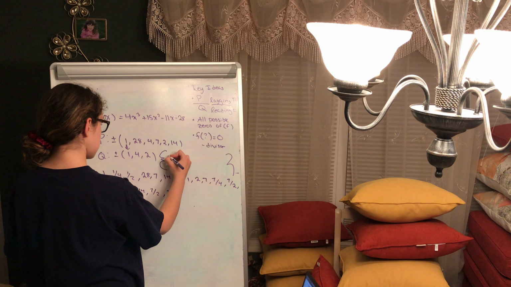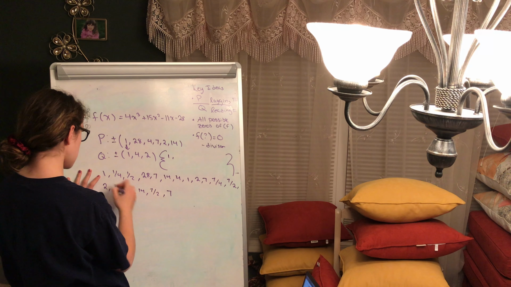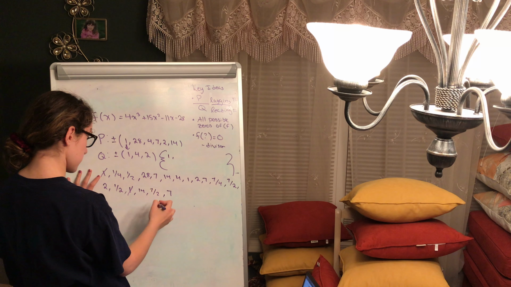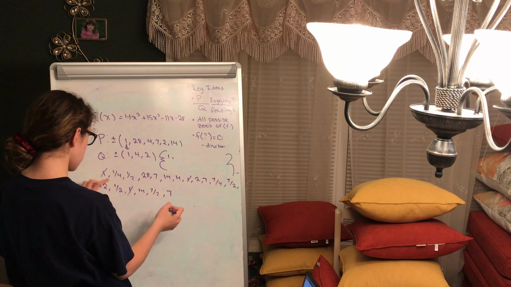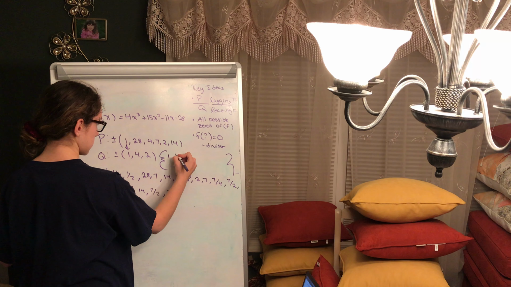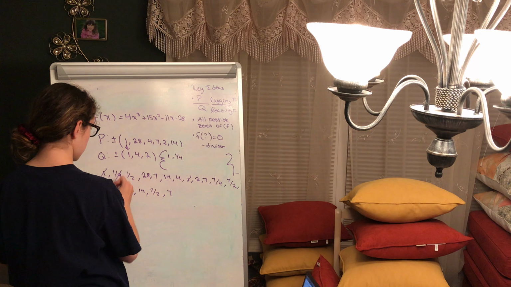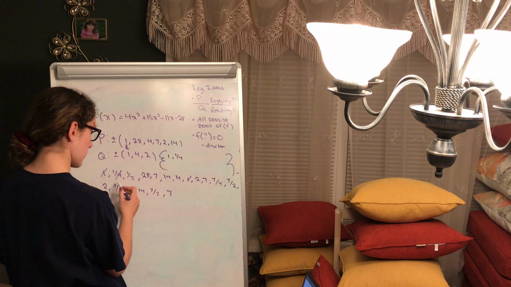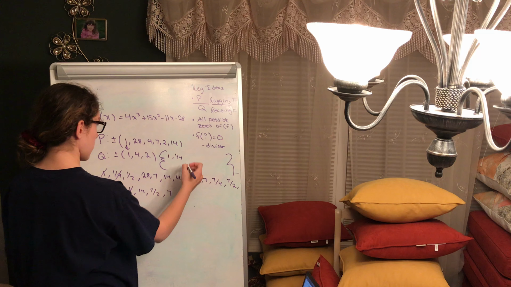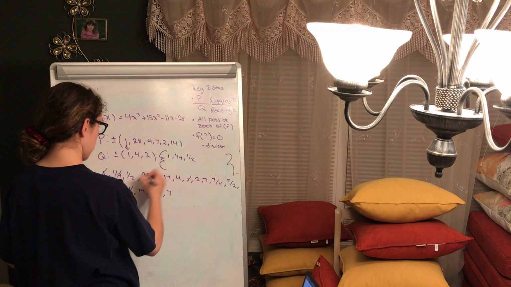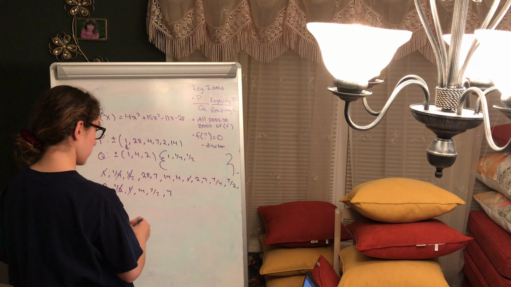We're going to have 1. Let's cancel out all the ones so we don't get confused. Now next, 1/4. Cross out 1/4, any other 1/4? Nope. 1/2, 1/2, any others?